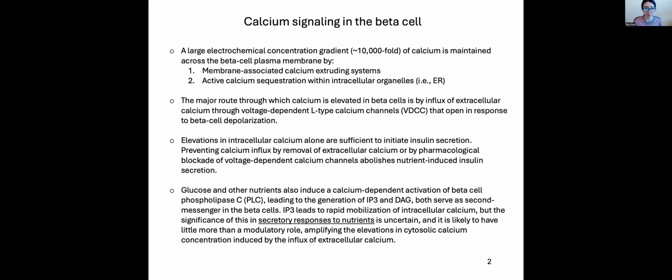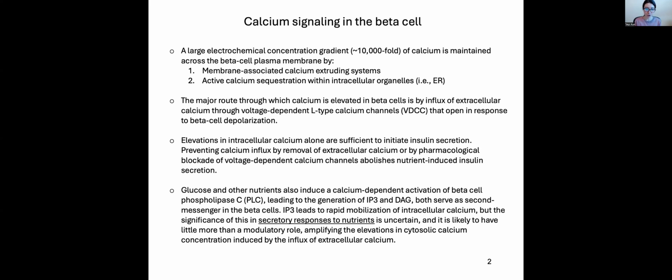It is through the membrane-associated calcium extruding systems to make sure that the calciums are excluded from the cytoplasm. And also there is an active calcium sequestration within the cell organelles, for example, the endoplasmic reticulum. So by doing it these two ways, the cytoplasmic concentration of calcium is maintained low.